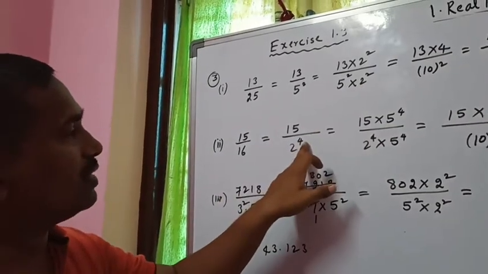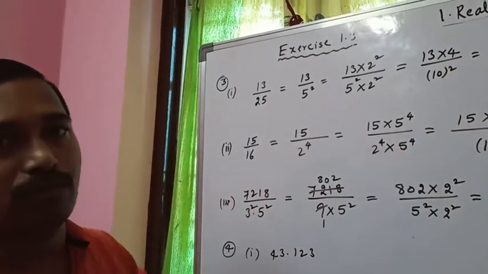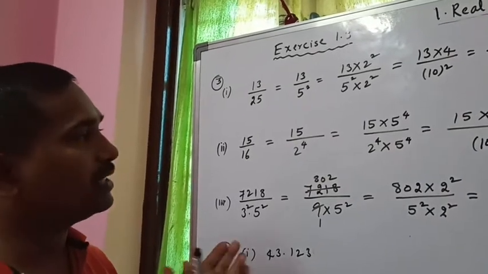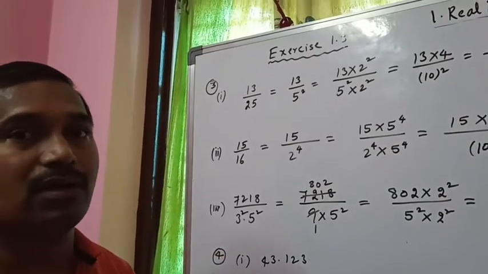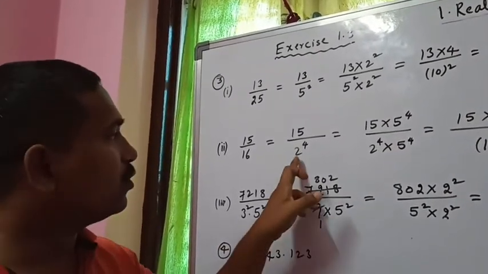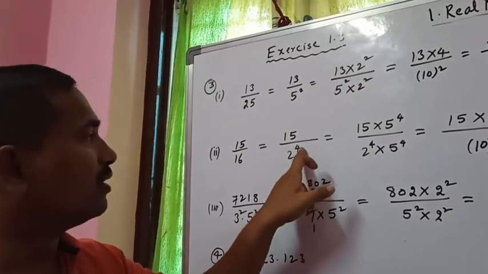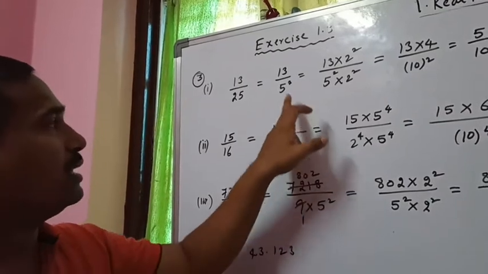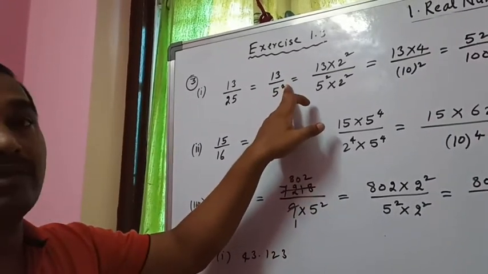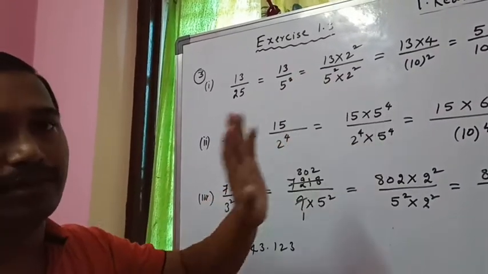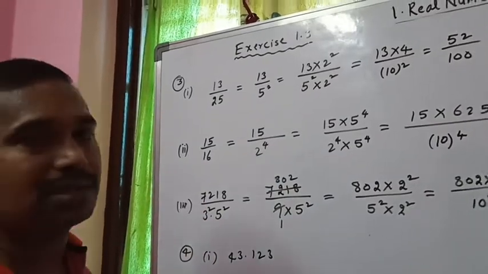The denominator should be in the form of 2 power n into 5 power n. Here 2 power n is there, so multiply with 5 power n. Are you getting? So that is the process.